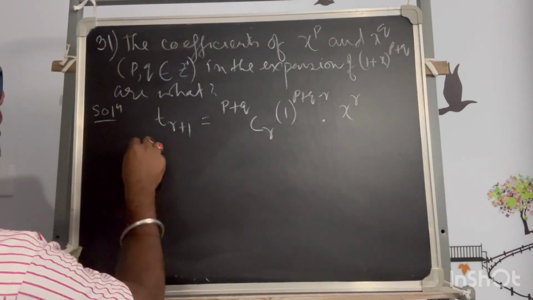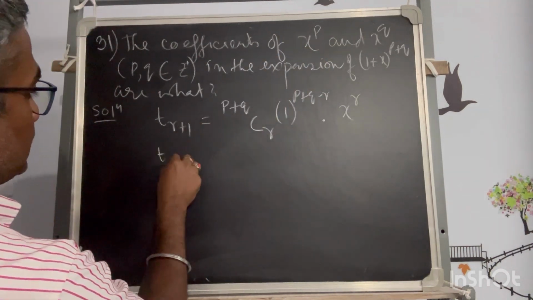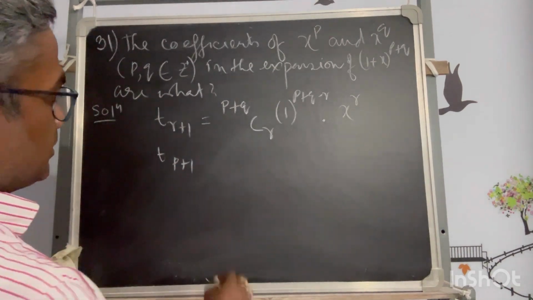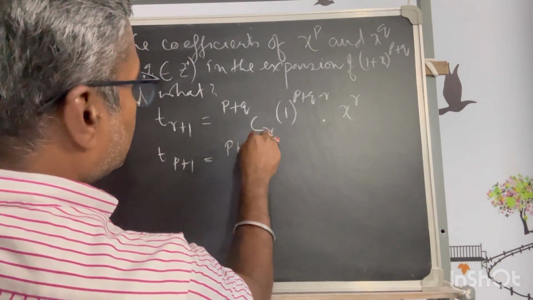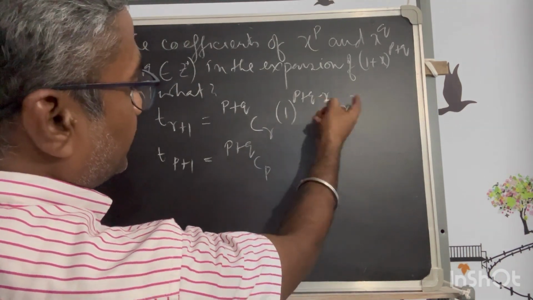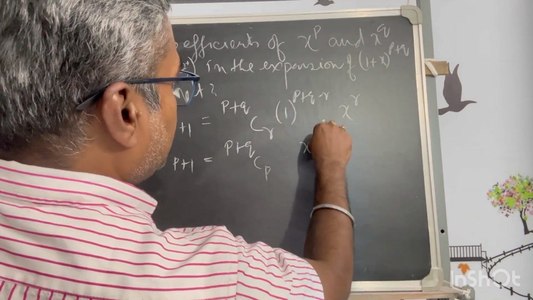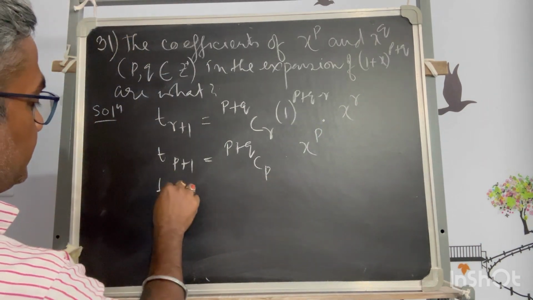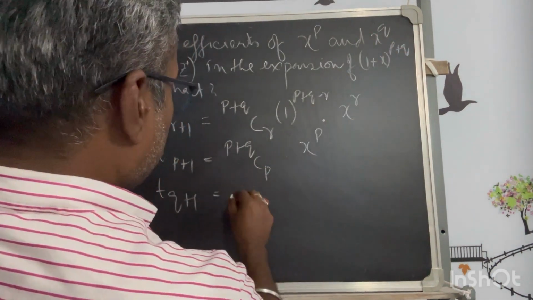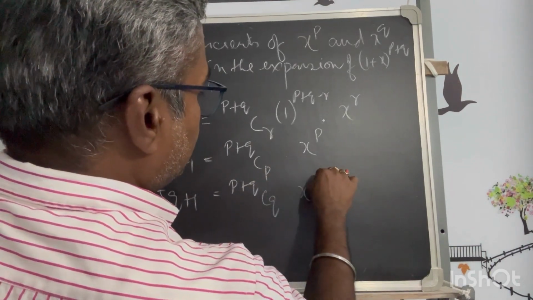Now in case you want to get x to the power p, you will get the p plus 1th term, so this will give you C p, and 1 to the power anything doesn't matter. Similarly, t q plus 1 will give you x to the power q, and the coefficient you will get is C q.